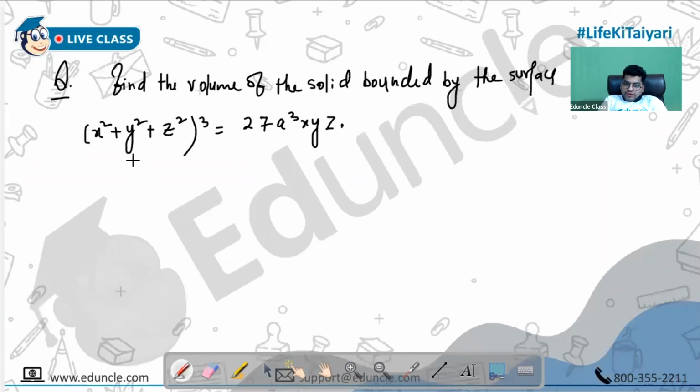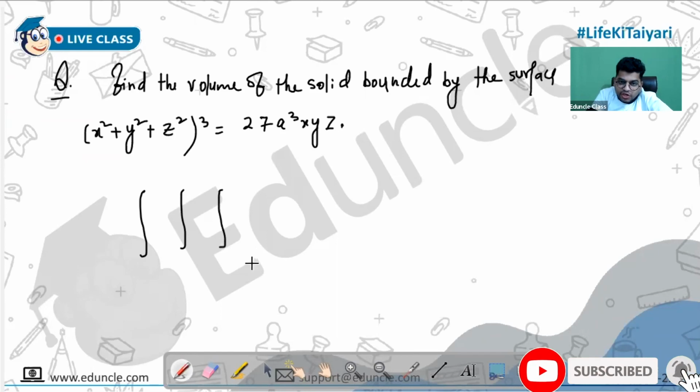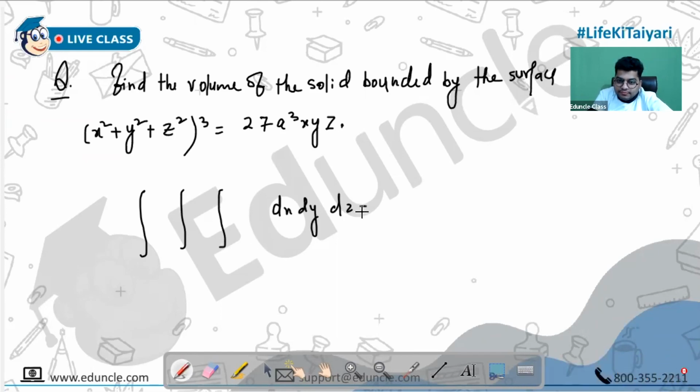So when you put spherical coordinates, the first thing is that, whatever it is, the answer is the triple integration of dx dy dz, and this integration becomes r square sin theta dr d theta d phi. Yes or no?